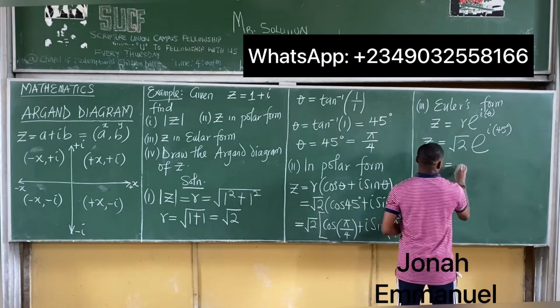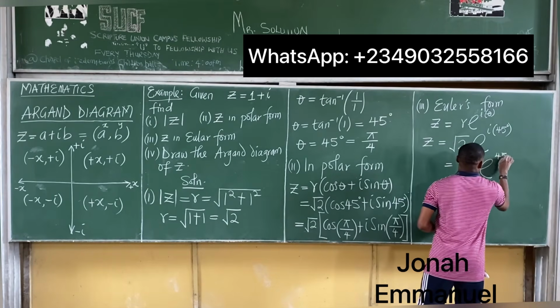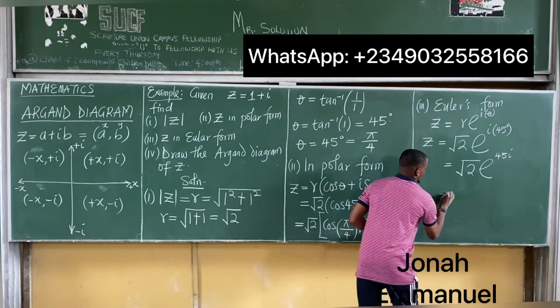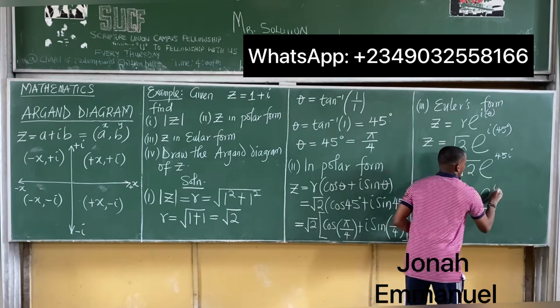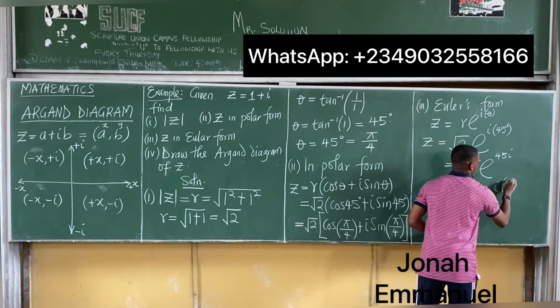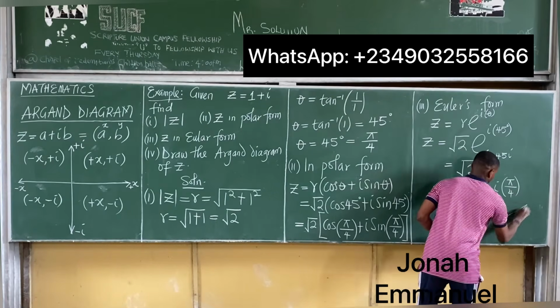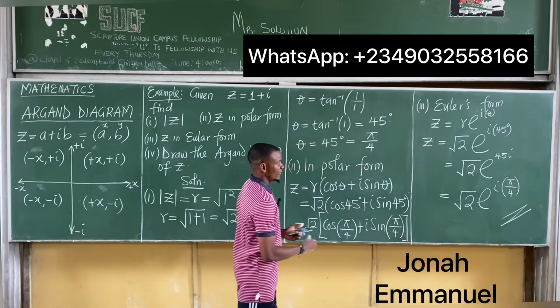So that's equal to root 2 exponential 45i. This works. Or in terms of pi, that becomes root 2 exponential i pi over 4. This also works. So this is how we express this in Euler's form.